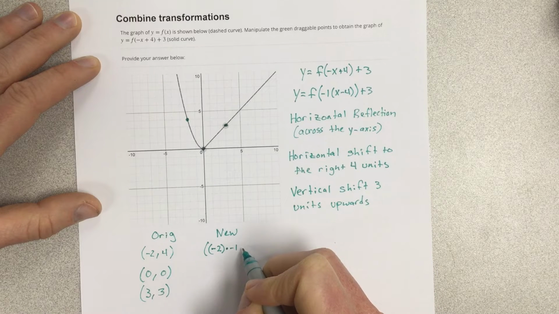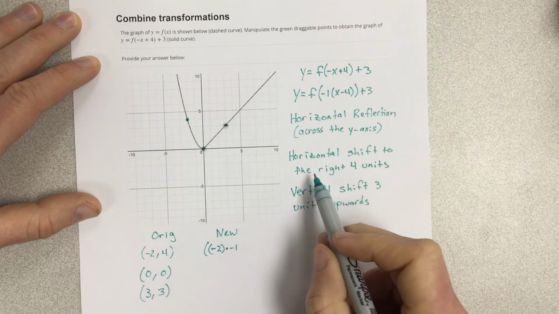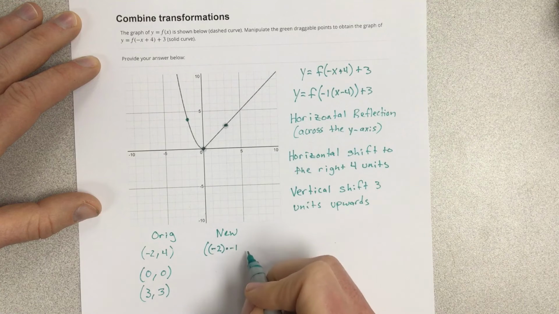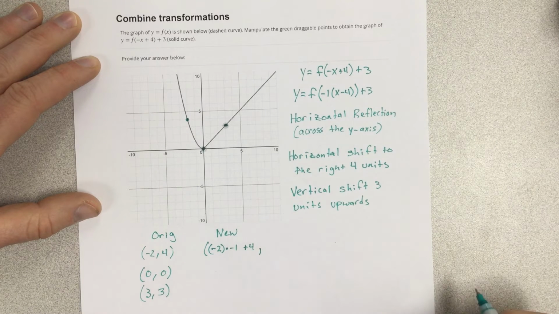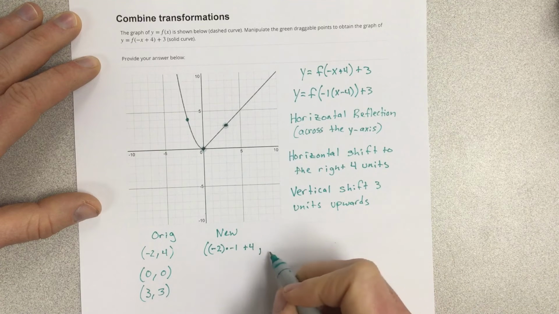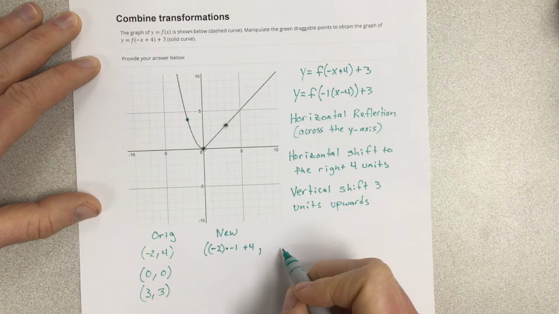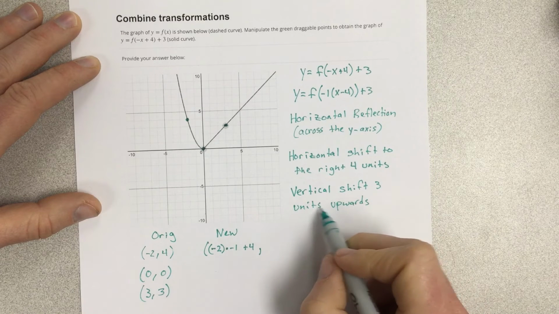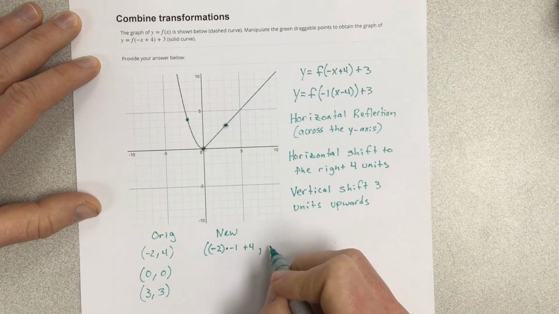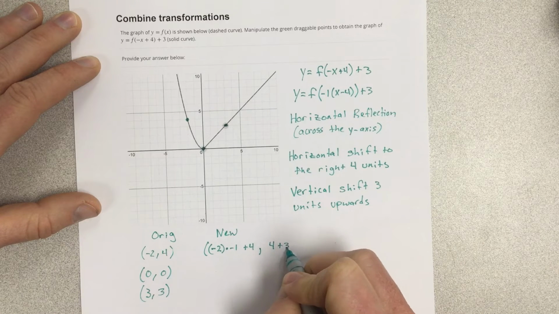And then I'm going to add 4, because I have a horizontal shift to the right 4 units. Now for the y value, all I've got going for the y value is a vertical shift of 3 units upwards. So I'm going to take 4 and add 3 to it.